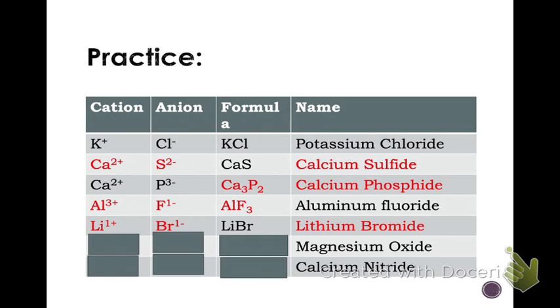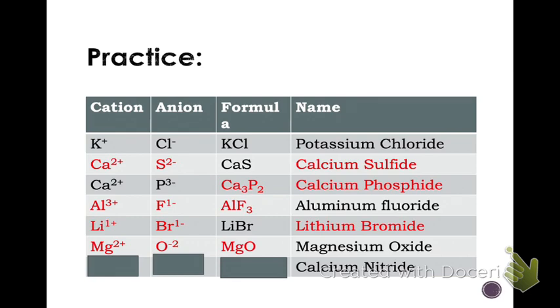We need to figure out what the ions are and what the formula will look like. So magnesium has a +2 charge. Oxide has a -2 charge. And so it's going to take one of each ion.